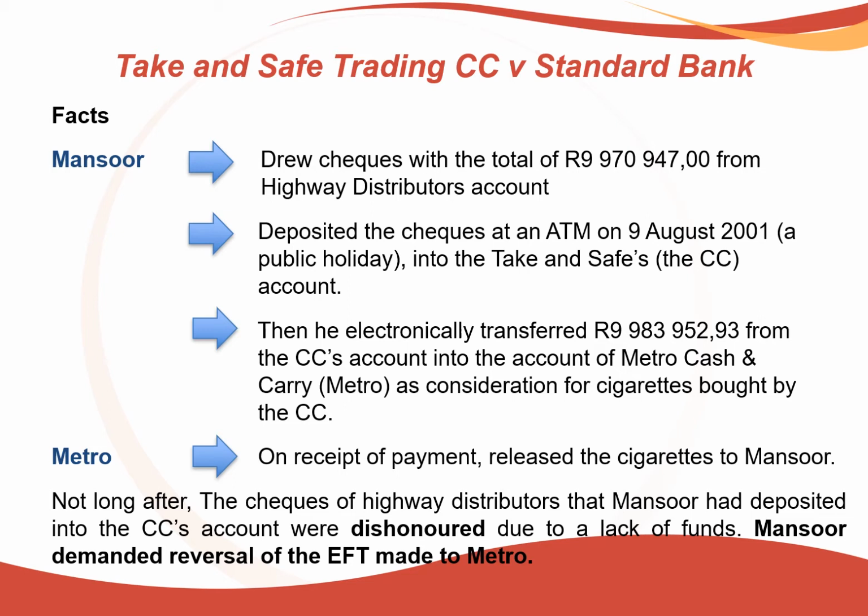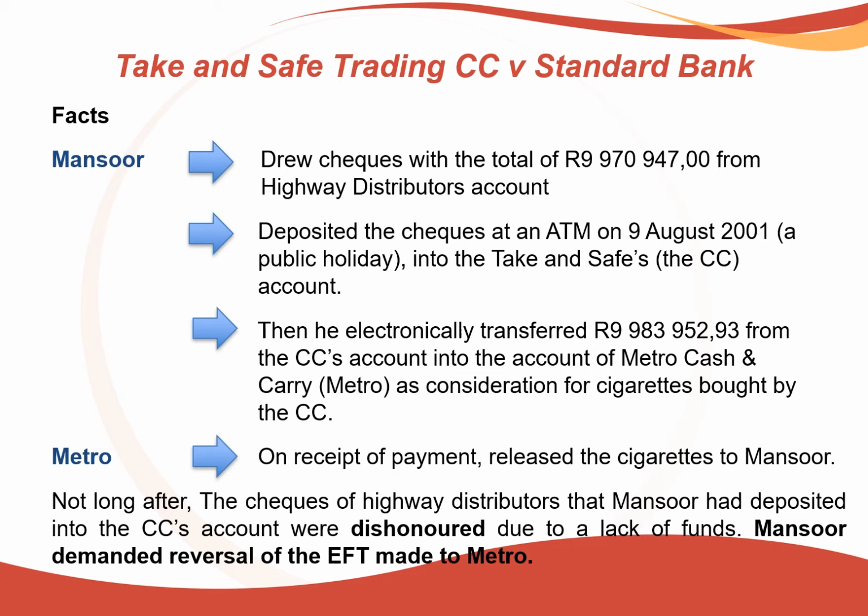Directly thereafter, Mansour electronically transferred a similar amount of just under 10 million from the CC's account into the banking account of Metro Cash and Carry as consideration for cigarettes purchased by the CC. Upon receipt of the payment, Metro released the cigarettes to Mansour.